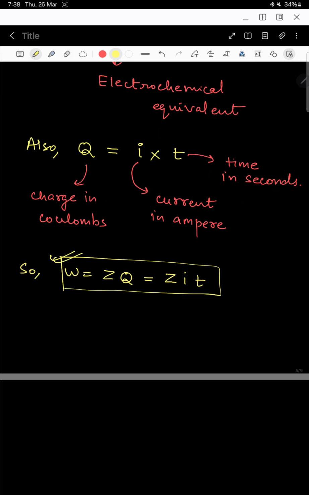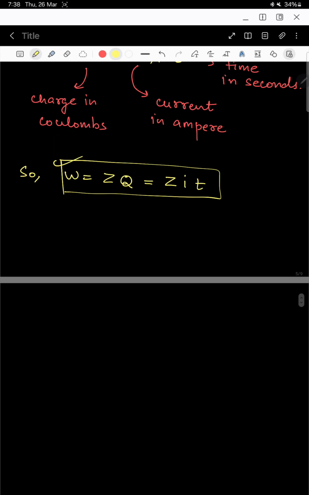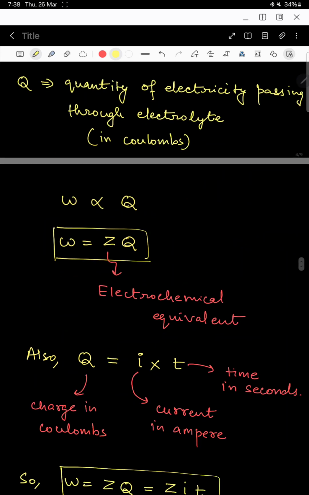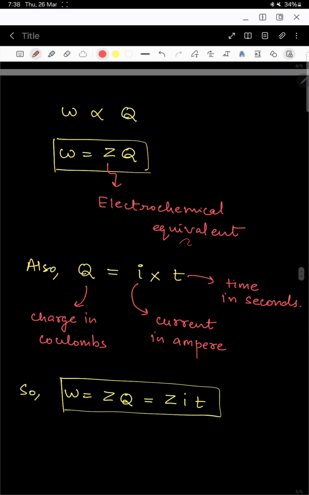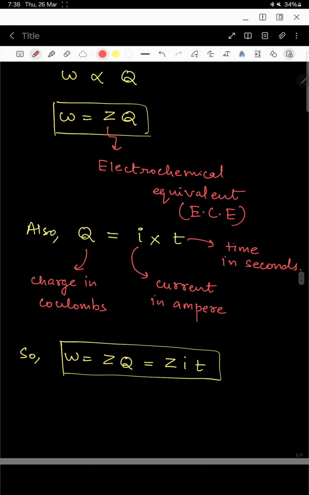Now sometimes you may be asked what is electrochemical equivalent, which is also called ECE in short. So how to define this electrochemical equivalent?